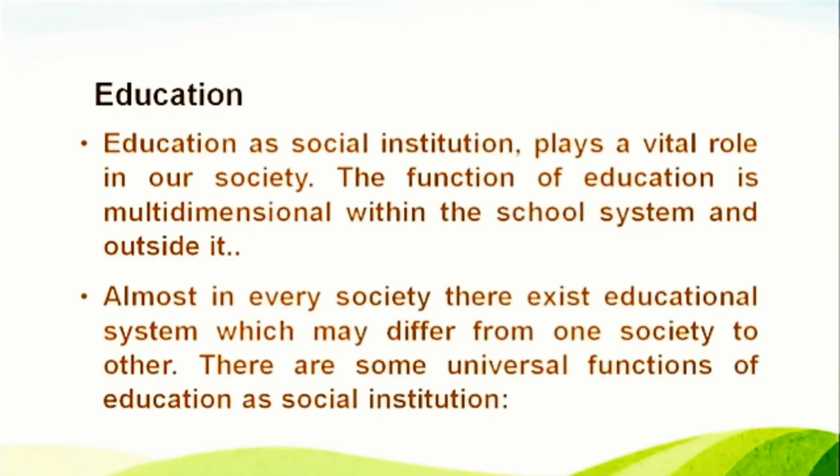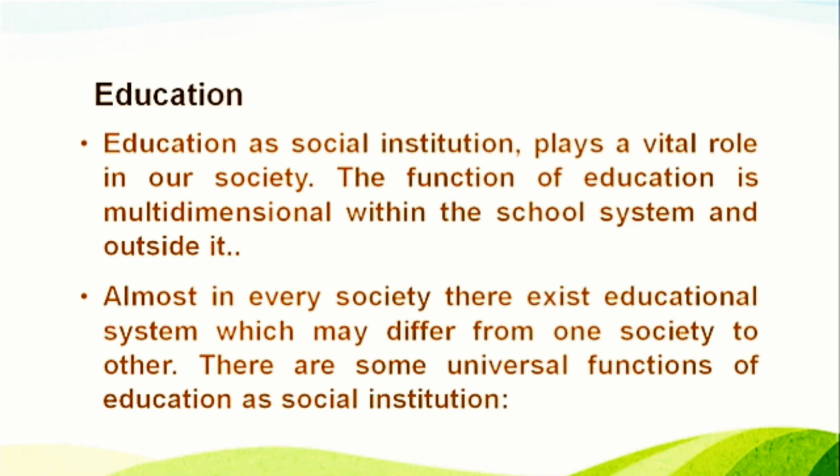Now, come to the next social institution, that is education. Education as a social institution plays a vital role in our society. The function of education is multidimensional within the school system and outside it. Almost in every society, there exists an educational system which may differ from one society to another.